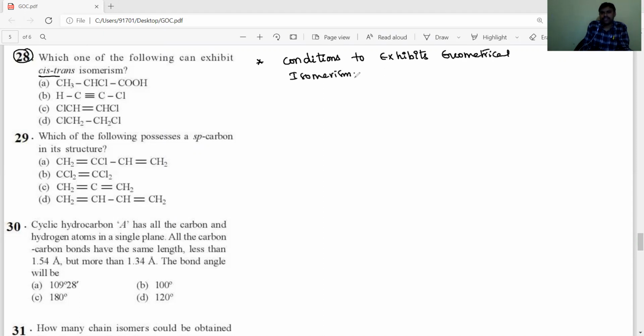What is the condition, dear students, to exhibit geometrical isomerism? For alkenes, the condition is that each sp2 carbon has different groups.